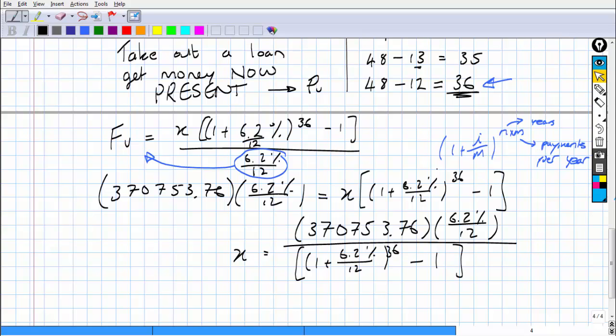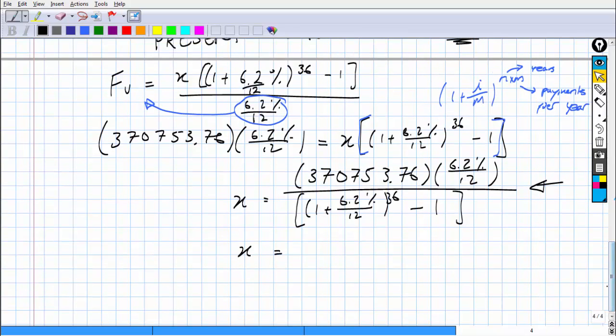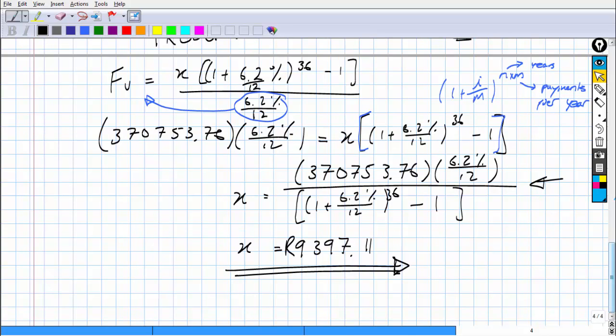So I'm literally taking this whole thing over here, dividing both sides by that, so we have X by itself, and then we just take this horrible ugly mess and plug that into our calculator and we get a value for X. And that value for X is 9397.11 Rand a month. So that is how much he's going to need to save for the next 4 years, well, next 36 months, if he wants to achieve his goal of replacing his car. And that is the end of question number 7.